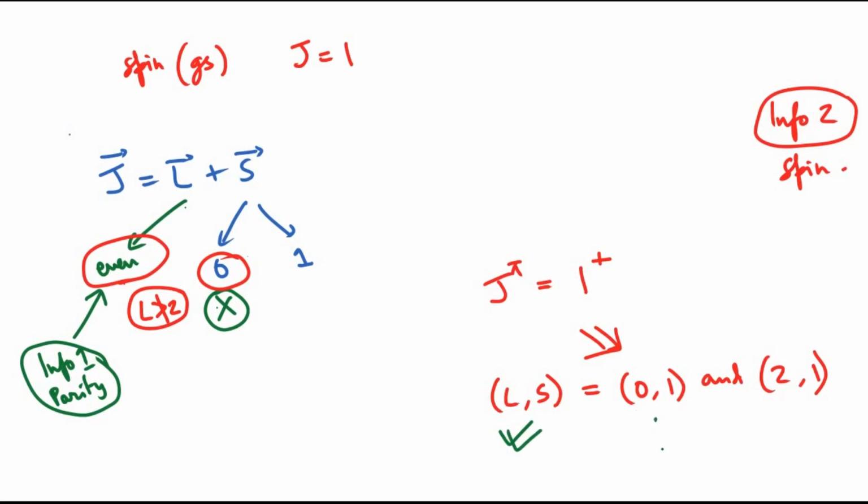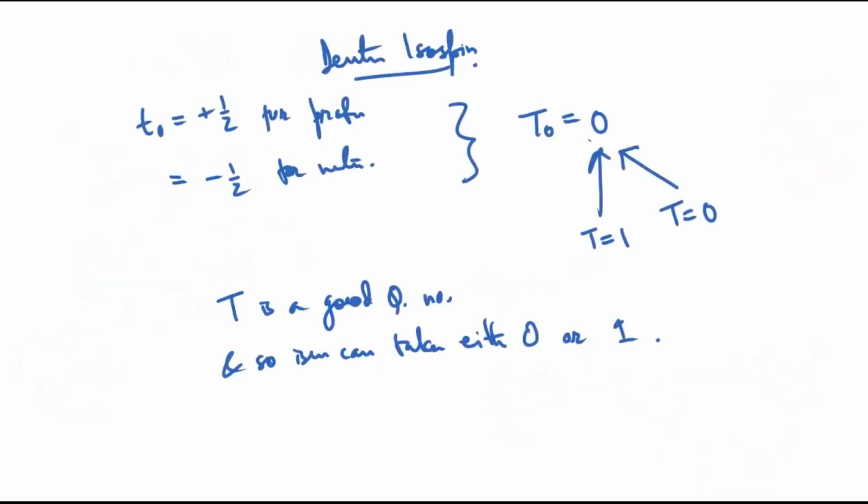There are two possibilities, either this or this, and this information was obtained from the spin. And now the third part that we will be continuing today is regarding the Deuteron isospin, and here we observe that there are two possible candidates for isospin.